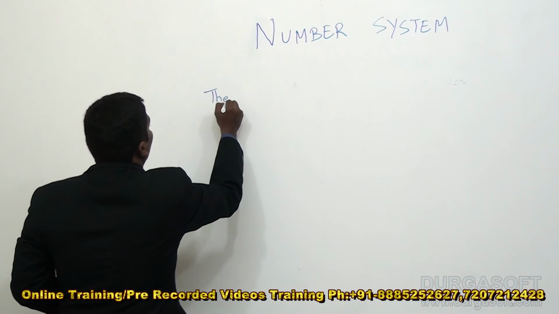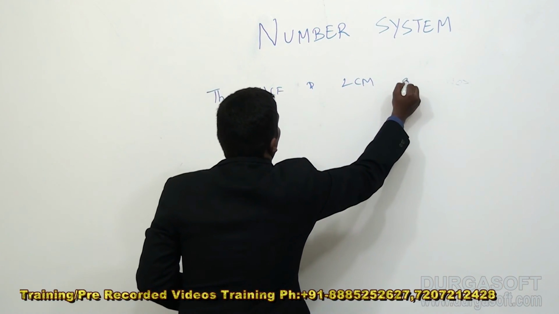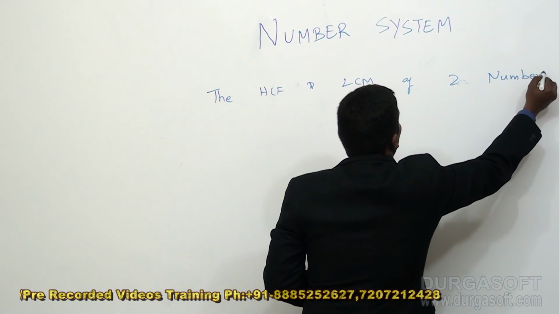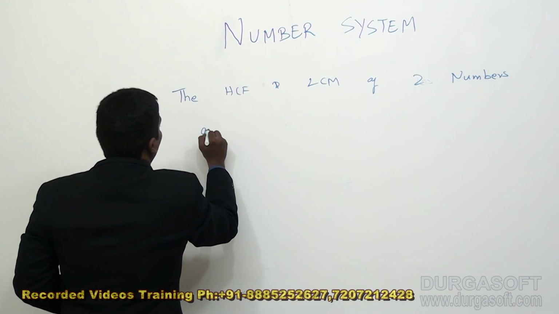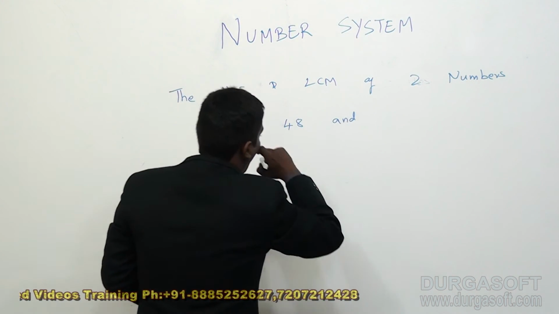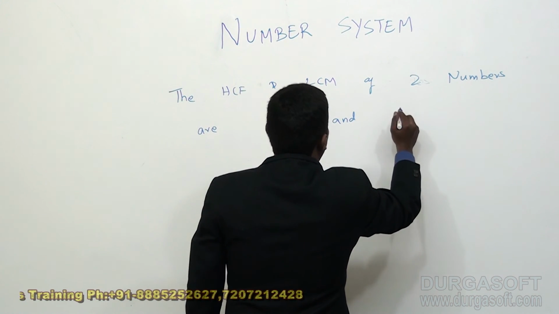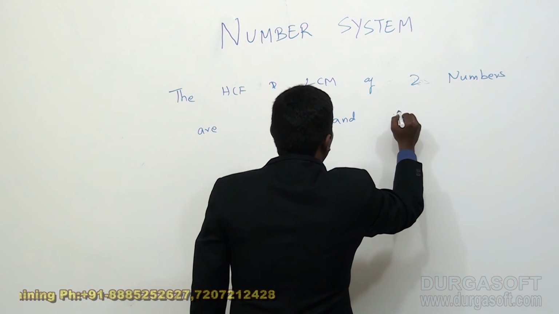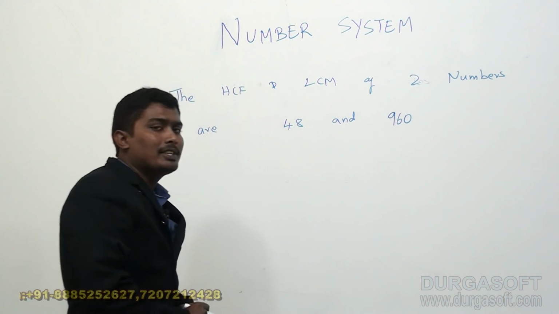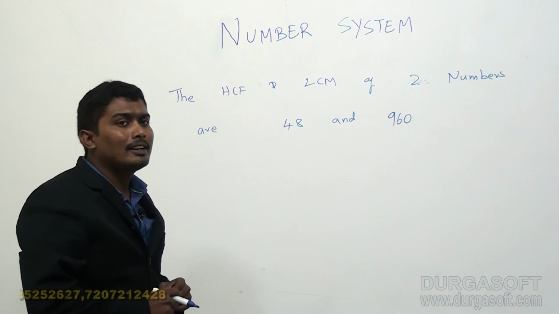The question is: the HCF and LCM of two numbers are 48 and 960.